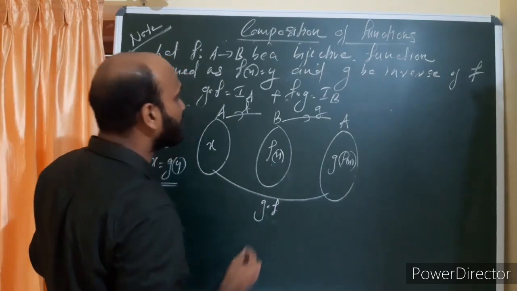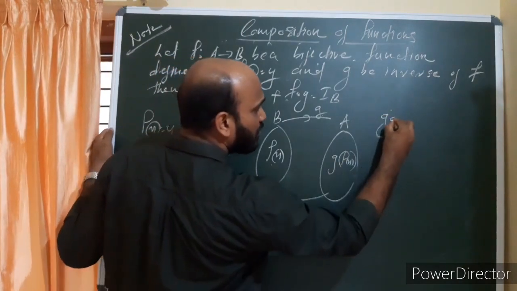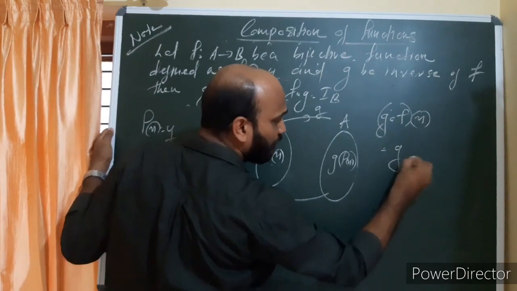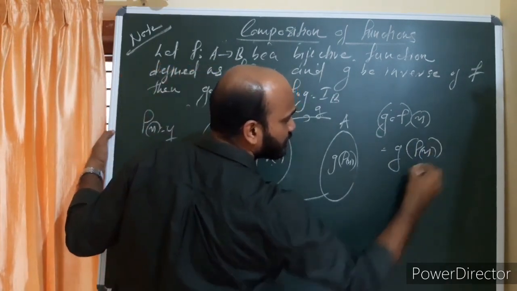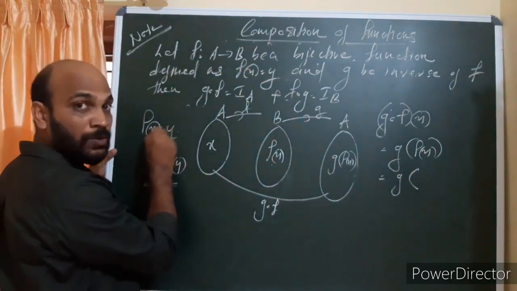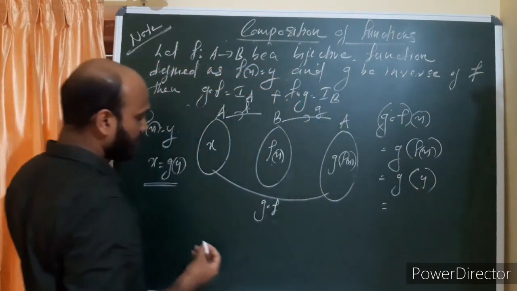Now, we want to show that G of F of X equal to X. For that, let's find G of F of X. Use definition. That is G of, what is F of X? F of X equal to Y. So now you have to find G of Y. What is G of Y?